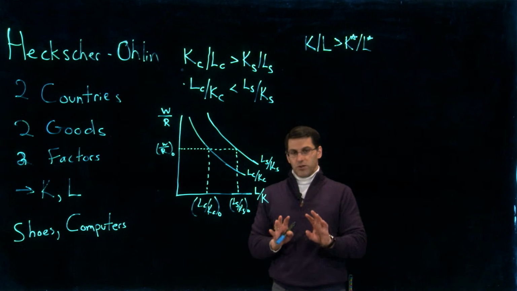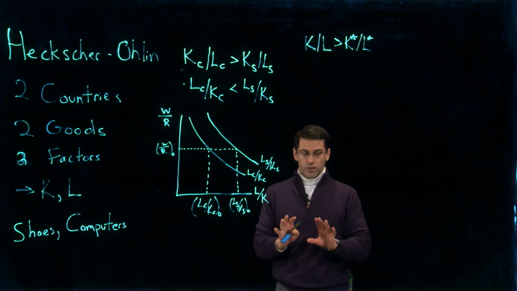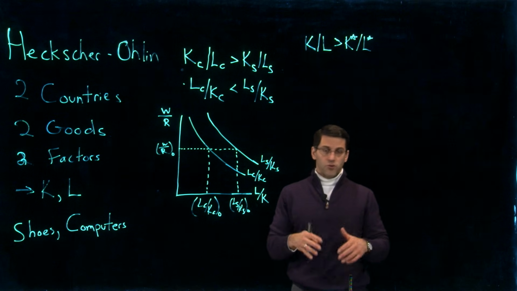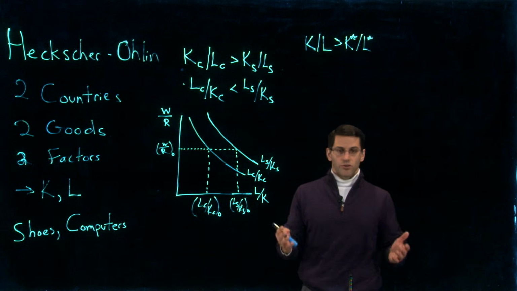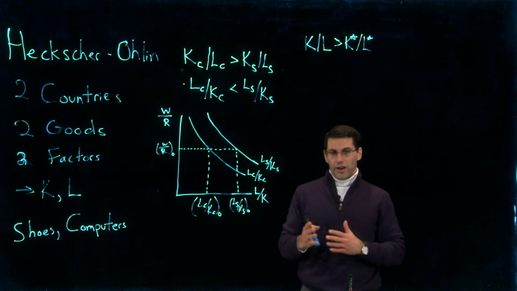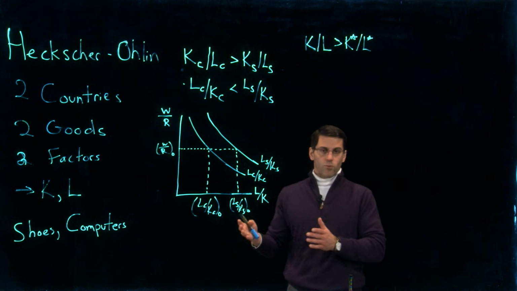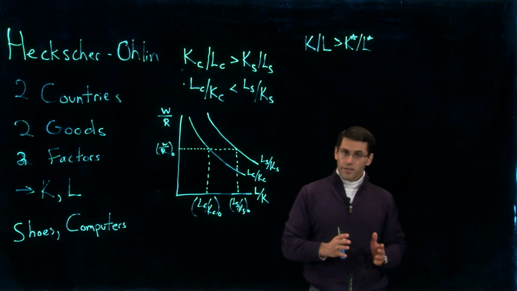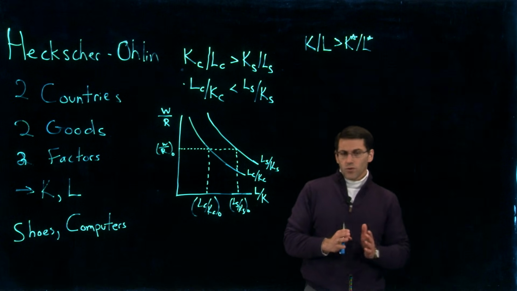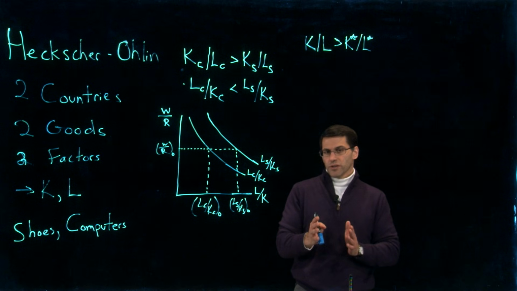Second key assumption to help simplify things is that consumer tastes or preferences are identical across the two countries. Okay? And that helps to keep things, again, it's just a simplifying assumption, it makes it a lot easier working through the model. And as I said before, it's also important for another reason. Right?